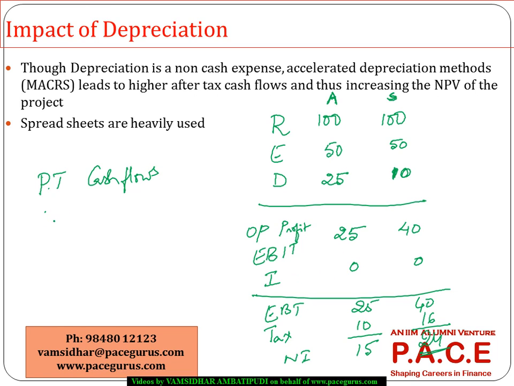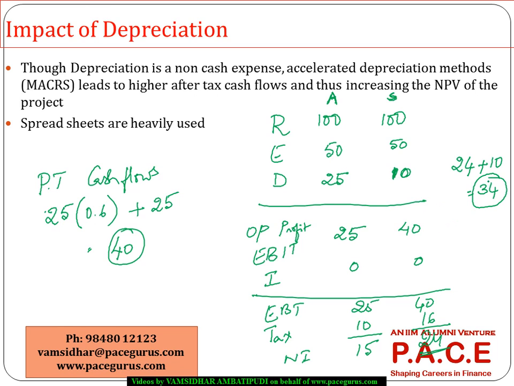EBIT into 1 minus T. So 25 is the operating profit into 1 minus T. The tax rate is 40%, so 0.6, plus the depreciation. 25 into 0.6 is 15, plus 25, so 40 is the post-tax cash flow here. Whereas with the straight line mechanism, EBIT 40 into 1 minus T is 24, plus 10, so 34 is the post-tax cash flow here.